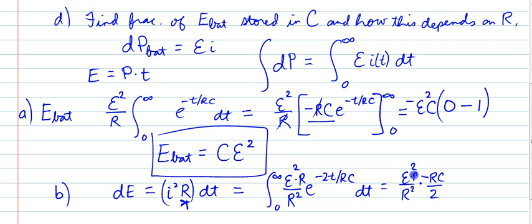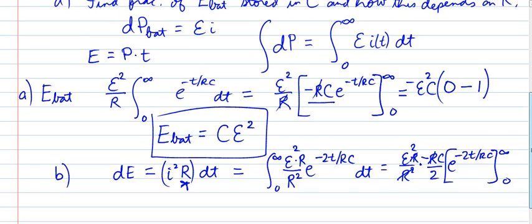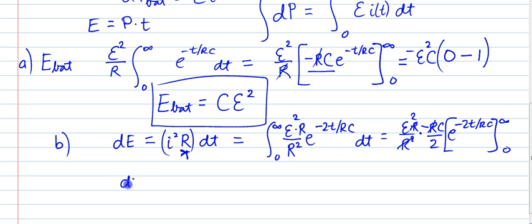So there's actually another R, and so my R squared cancels out. I'm still going to have to evaluate my integral from infinity to 0 of e to the negative 2t over RC. This is in the resistor, by the way.